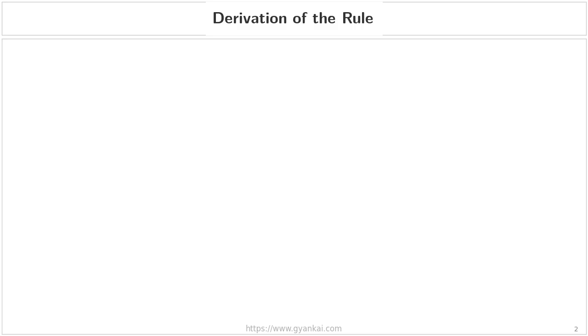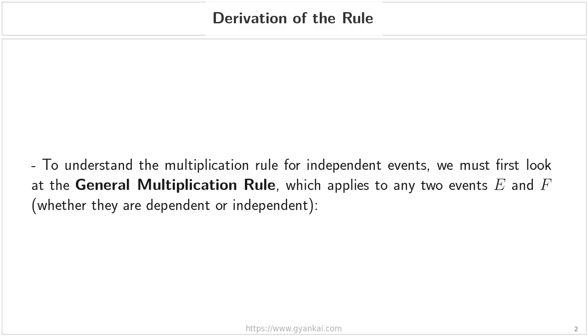Derivation of the rule. Now that we have established the conceptual definition of independence, remembering that independence means one event's occurrence doesn't change the likelihood of another, we need a mathematical way to actually calculate these probabilities. To do that, we can't jump straight to the shortcut just yet.